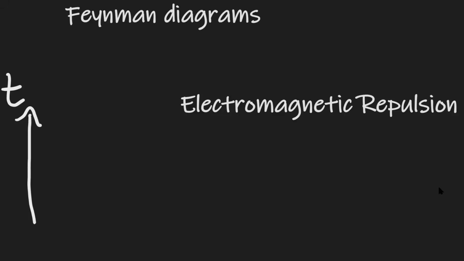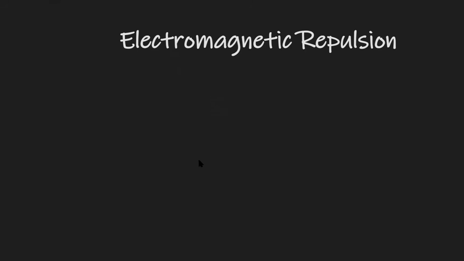The trick is to always think about the y direction as time, what is actually physically happening to the particles. Let me give you a simple example looking at electromagnetic repulsion. So we're going to start off with a couple of particles which are going to be repelling each other. So let's choose two electrons represented by straight lines, kind of like this, and this is one electron.